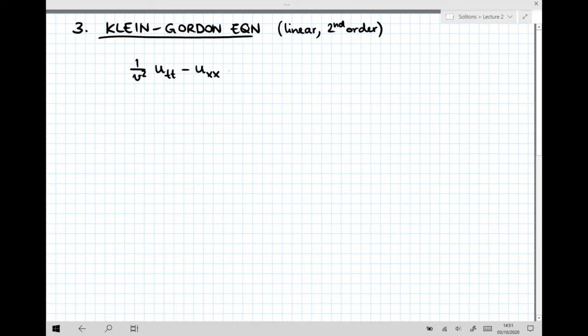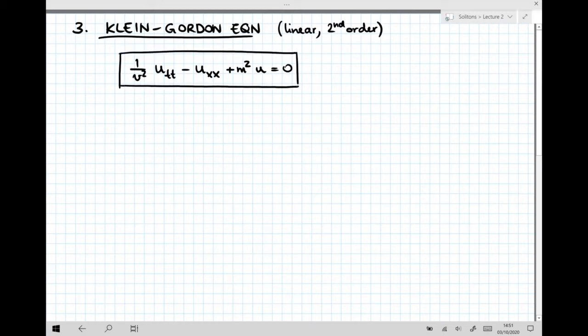But in addition, it has a third term, which is linear in the field u with a coefficient which we call m squared. m is a real parameter. This equation, which we call equation 1.3, is historically important.